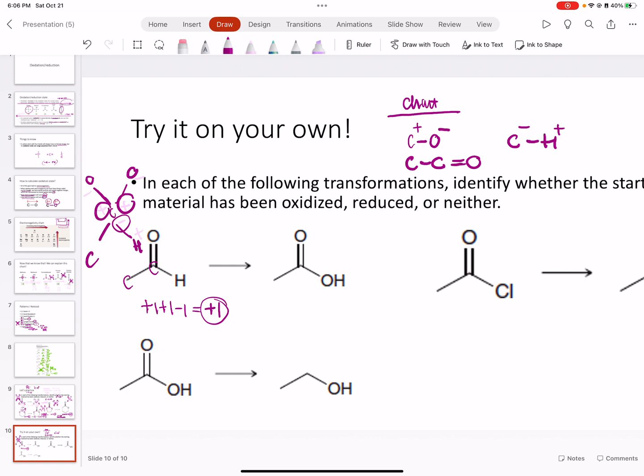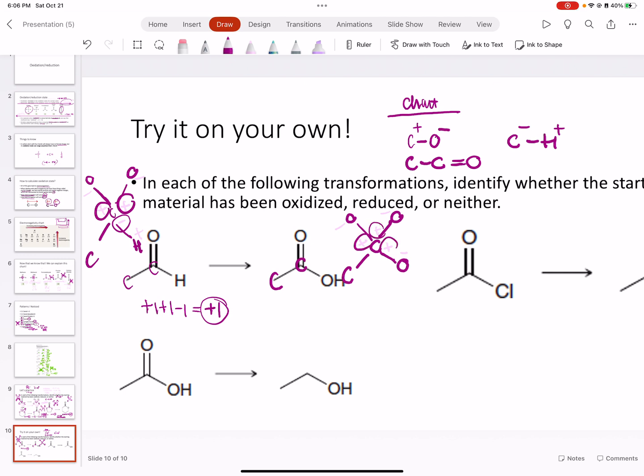And then we can look at the next one. We have a total of 4 bonds, therefore we don't have any hidden hydrogens. We can translate this into carbon, oxygen, oxygen, oxygen, carbon. We don't care about carbon-carbon bonds, so then carbon, oxygen, we know that carbon's gonna carry that positive charge, and then oxygen's gonna carry that negative charge, and that's due to electronegativity.